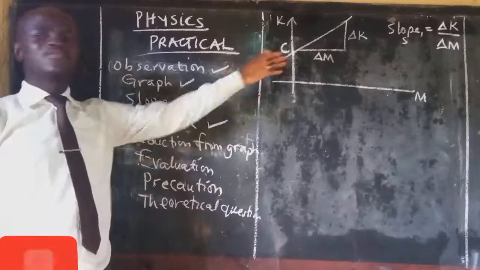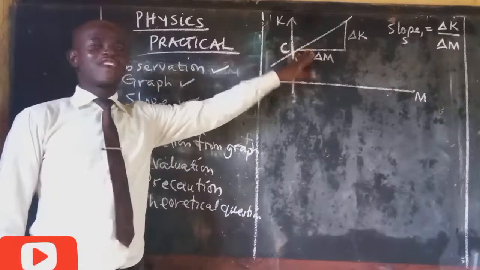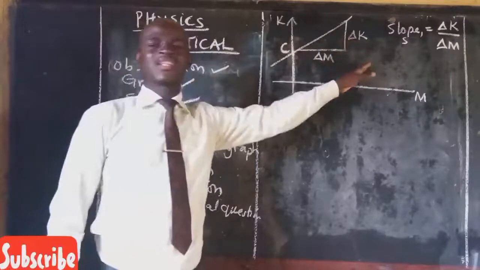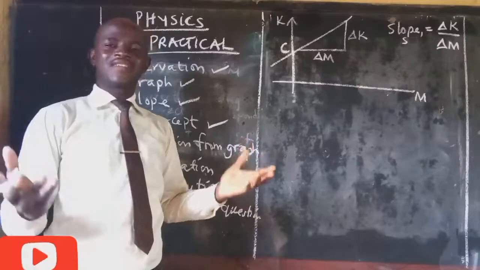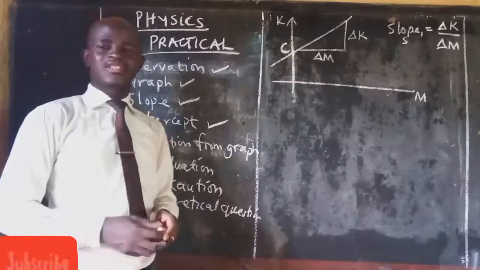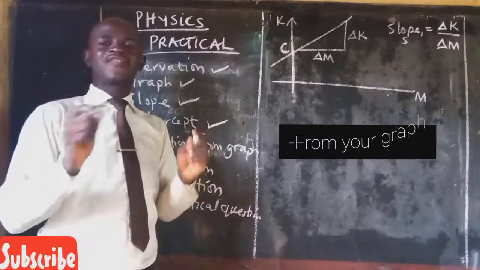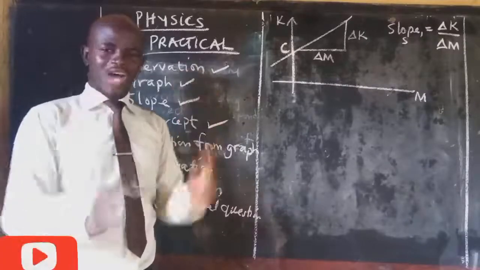Now, let us assume that this is the graph that we have plotted. We have plotted the graph of K against M. Let us assume that in one of the questions given to us, the question says, from your graph. Anytime you hear from your graph, it is talking about deduction from graph.